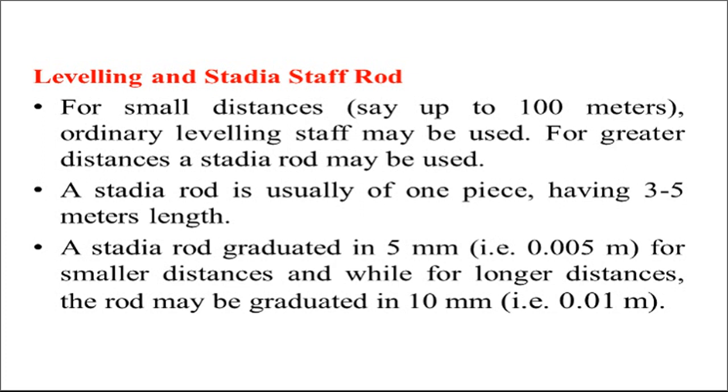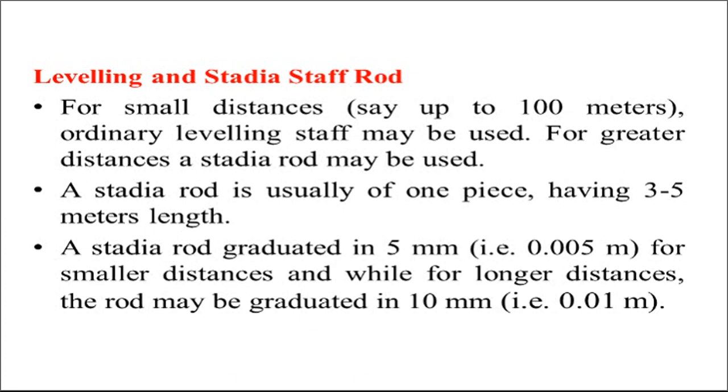It is graduated in 5 mm, that is, the least count of a stadia rod is 5 mm, just as in a leveling staff. For larger distances, the rod may be graduated in 10 mm, or 0.01 meter, as the least count.